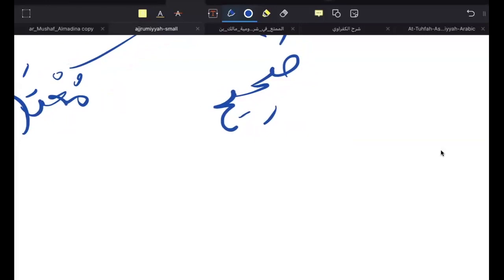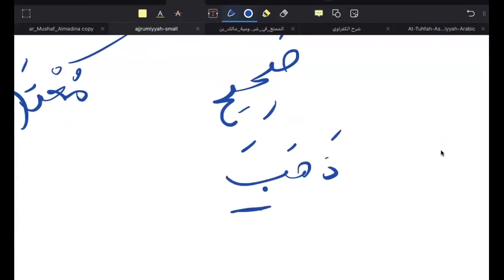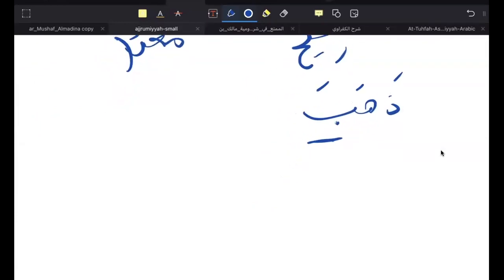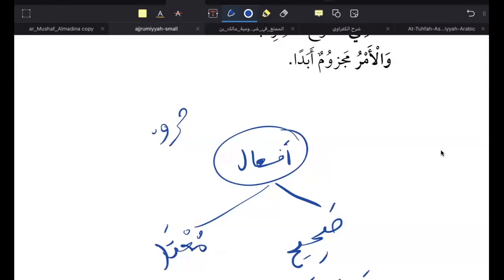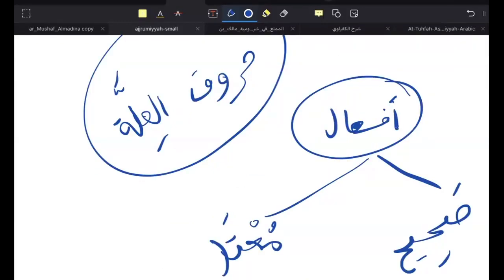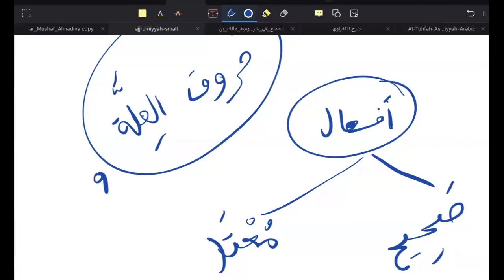By and large, Sahih means that the letter is not among the huruf al-illa. Here's another concept you have to know. Who knows what the huruf al-illa are? Yes, these are alif, waw, and ya. Alif, waw, and ya. These are the three letters.